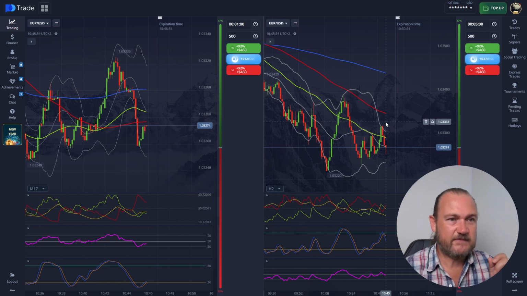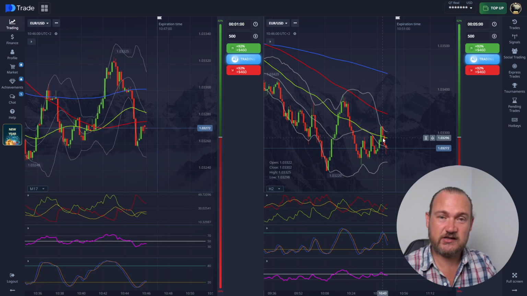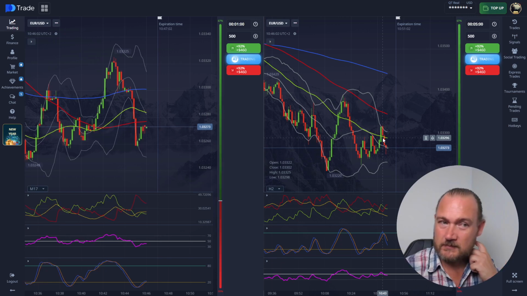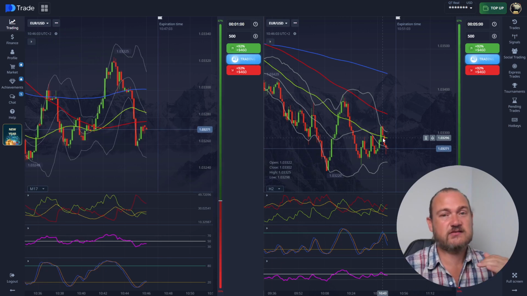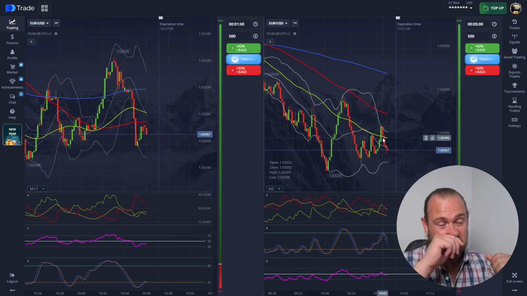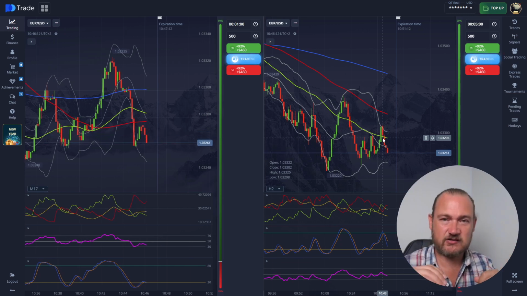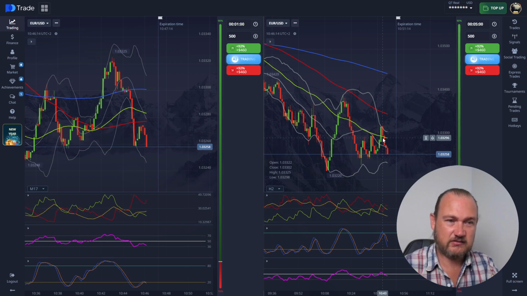Okay, so it was close for quite some time, but it never touched, and only when it touched, I executed my trade. So if you do want to utilize this strategy or incorporate it into your trading, make sure you wait for price to actually touch the band, and remember both bands must be closing. If there's any doubt in your mind, leave the trade.